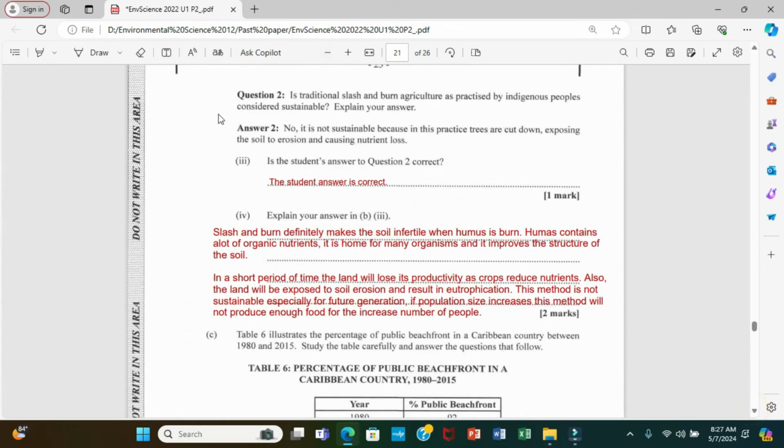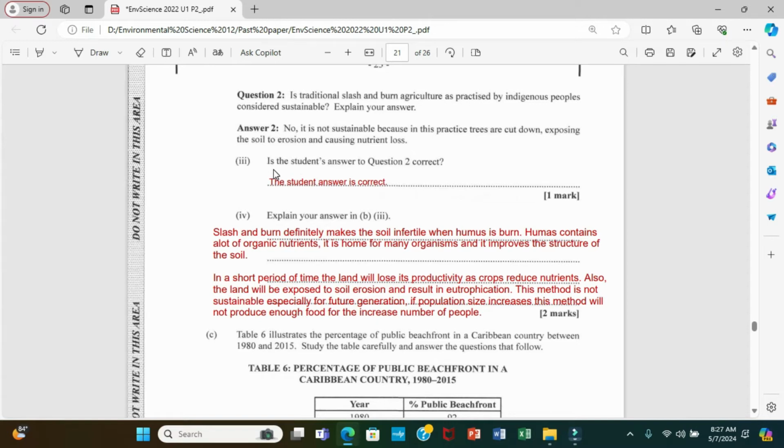All right, so question 2 of the student response was, is traditional slash and burn agriculture as practiced by indigenous people considered sustainable? The student said no, it is not sustainable because in this practice trees are cut down, exposing the soil to soil erosion and causing nutrient loss.